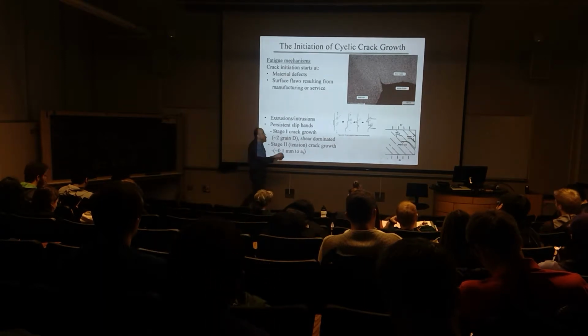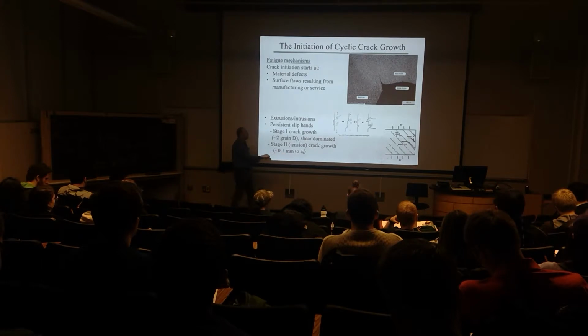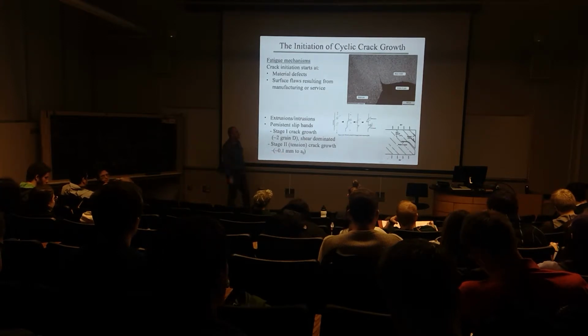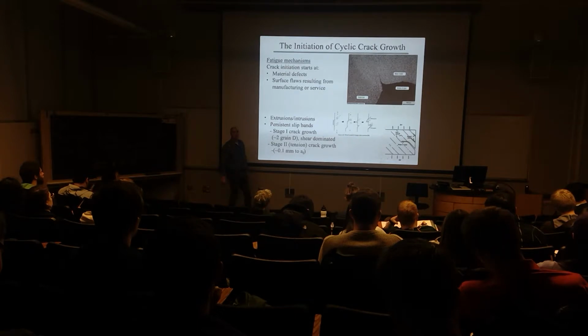So at the surface, we can get the development of some well-defined intrusions that develop because of the slip planes that activate near the surface. And that will cause a stress concentration that's localized and eventually lead to potentially stress intensity.